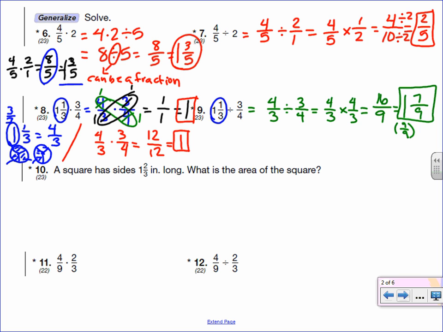A square has sides 1 2/3 inches long. What is the area of the square? Well, we find the area by multiplying the two sides. So we have 1 2/3 times 1 2/3.